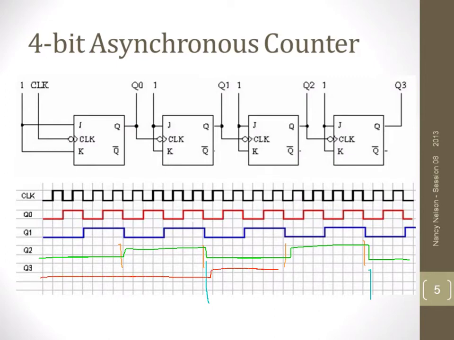There's our transition or our toggle. There's our last toggle. So again, we can see 2 full samples for 1 period here. So our frequency has halved again. So this is where the term frequency divider comes in. The frequency of each subsequent flip-flop is half of that from before.